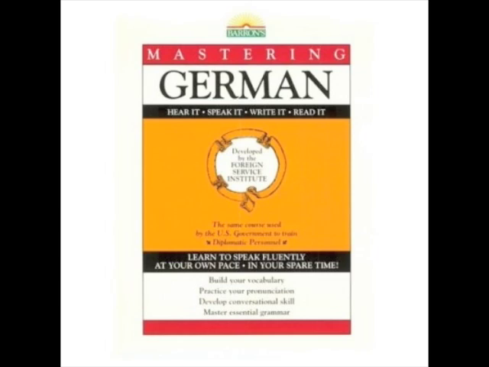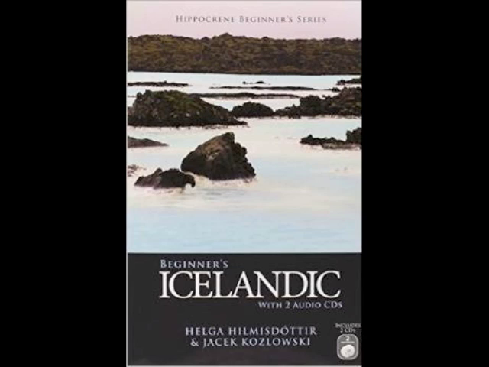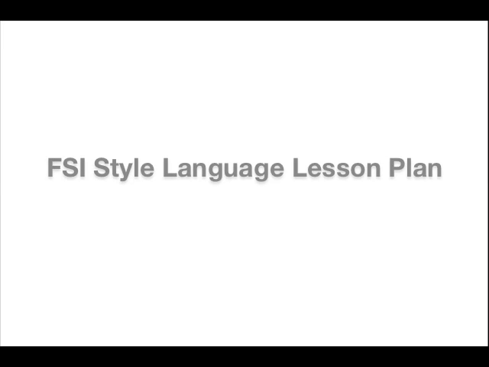Very thorough, very good. Then Hippocrene Books came out with a shorter version of this with dialogues only in the native language in the audio portion, and then text with grammar notes and translations.